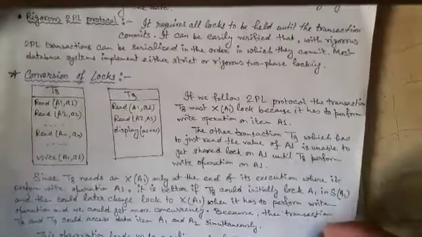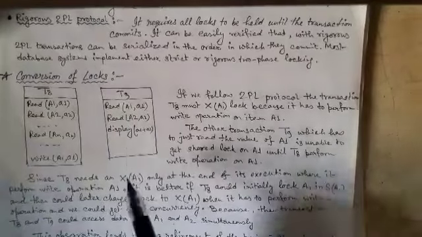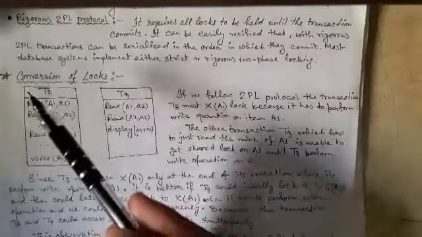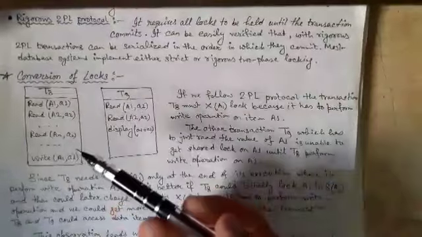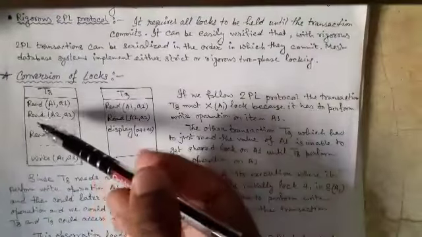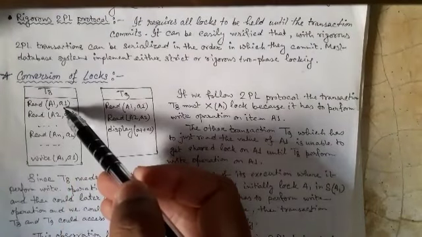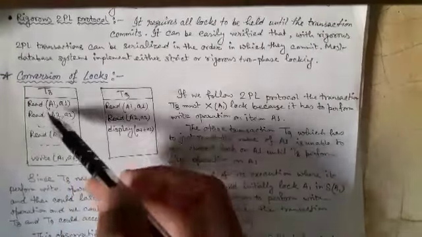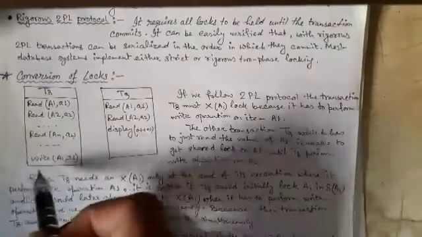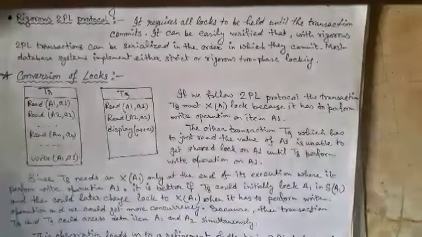Now to remove this, first we consider this example here, T8 and T9. What is the situation in T8? It reads A1, then reads A2, reads up to AN, and at the last writes A1.